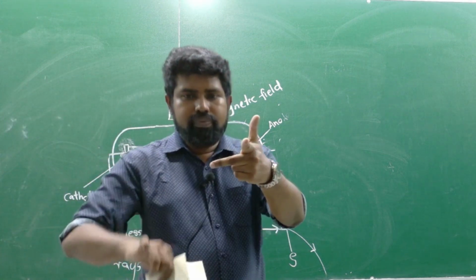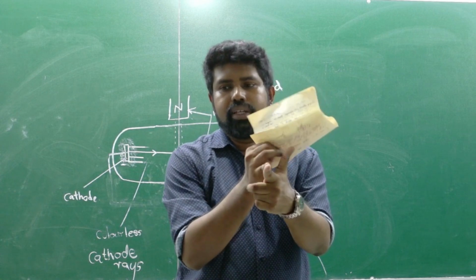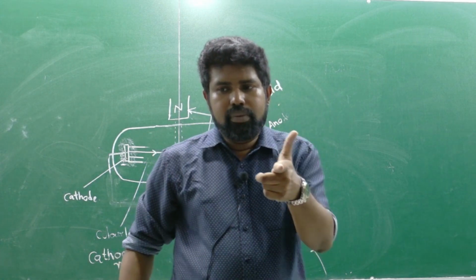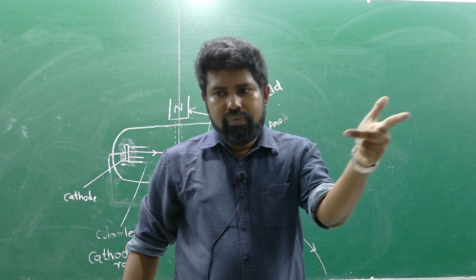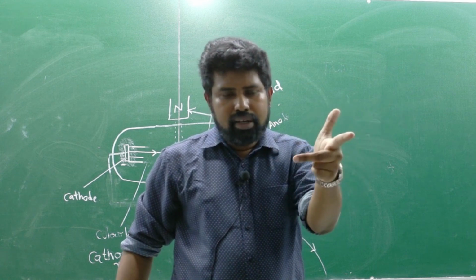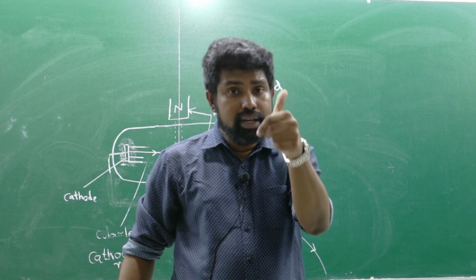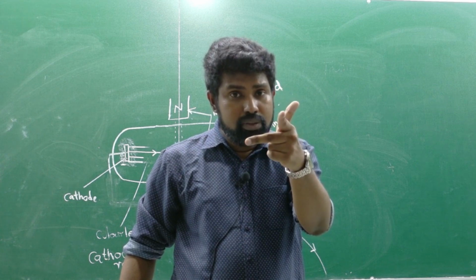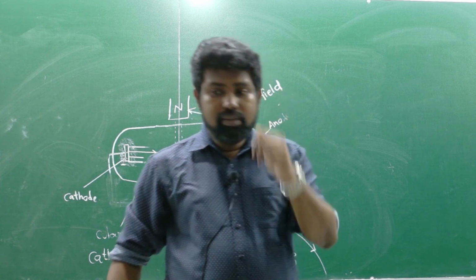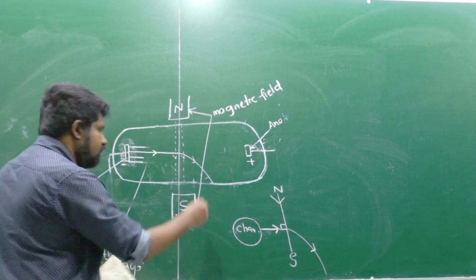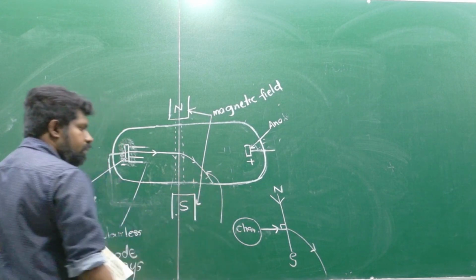If this is the direction of the motion of the cathode rays, and this is the direction of the magnetic field, there is a force generated on the cathode ray particles which is perpendicular to the direction of the magnetic field. Due to this, they deflect perpendicular.